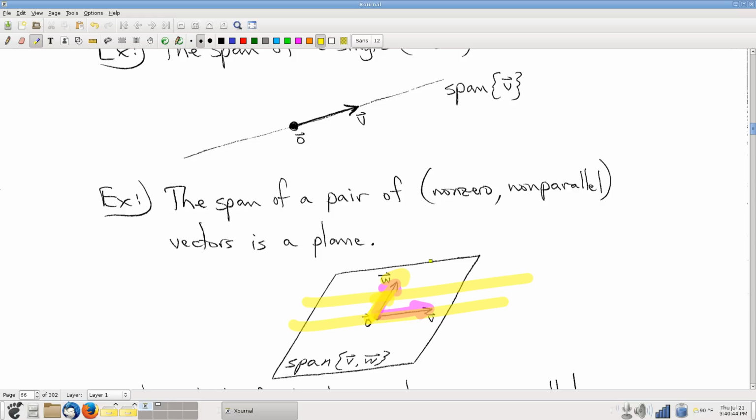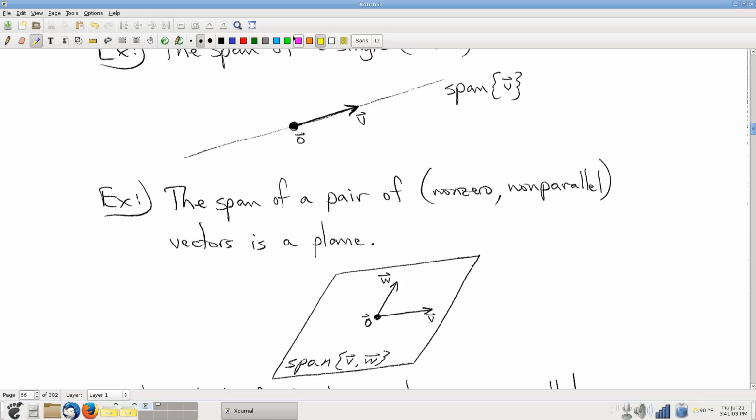Any multiple of w at all can be added to all possible multiples of v, and so altogether you're going to get, one would think, the geometric intuition anyway, an entire plane. We call this the plane that is spanned by those two vectors.